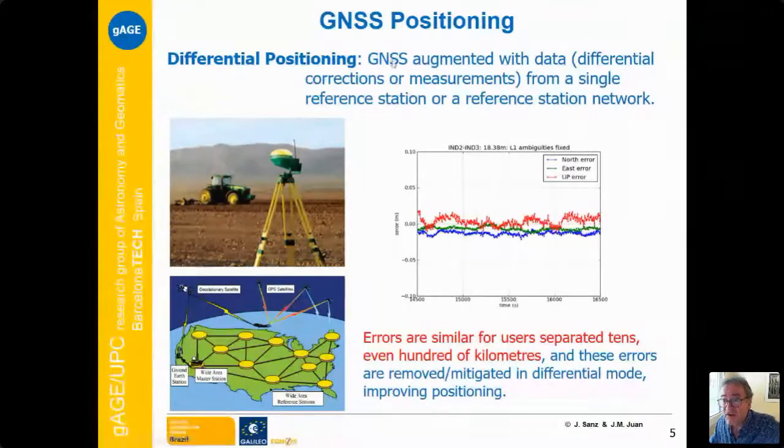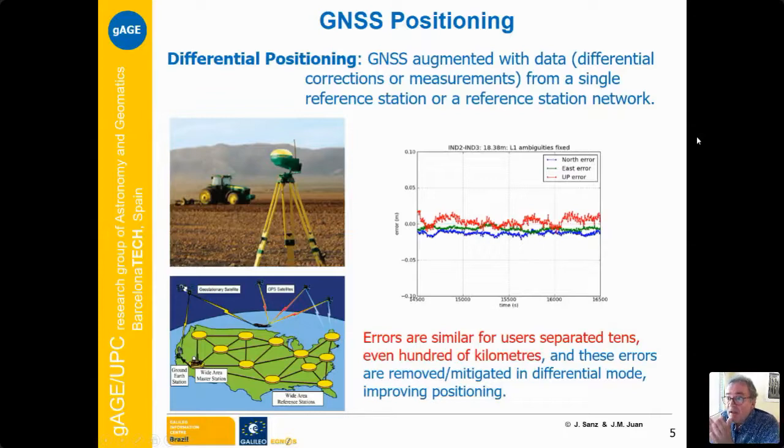Differential positioning in general means GNSS augmented with data. This data could be differential corrections computed from a network of reference stations, or measurements from a reference station.